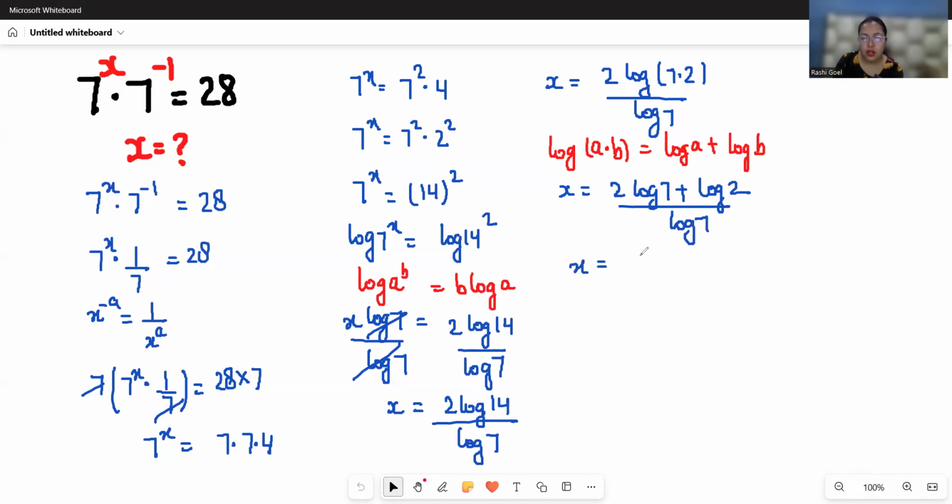So x equal 2 log 7 by log 7 plus log 2 by log 7. So this will cancel out. So x equal 2 plus log 2 with base 7.